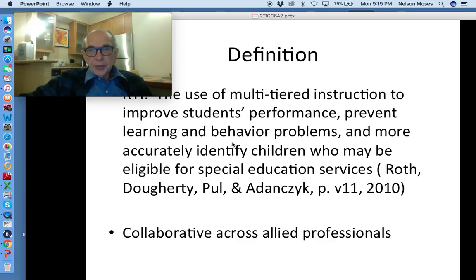The concept, first of all, is multi-tiered instruction, and the major focus is the second point in the list that's presented. Multi-tiered instruction to improve students' performance, yes, but it's B, prevent learning and behavior problems.